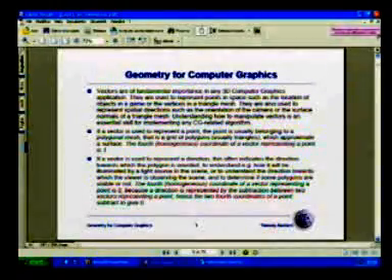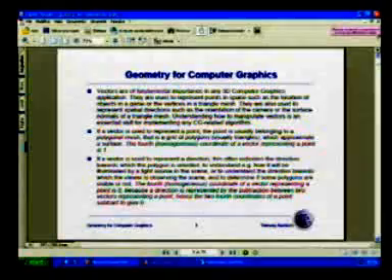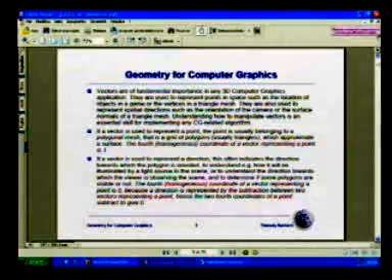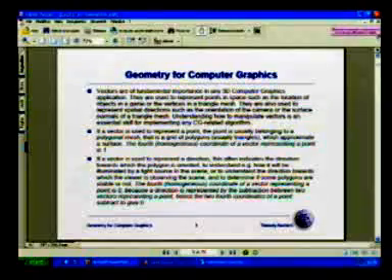However, for a reason that we will soon see, computer graphics tends to use homogeneous coordinates. In homogeneous coordinates, every point is, in fact, constituted of 4 coordinates: X, Y, Z, and W, being the last coordinate, the homogeneous coordinate.